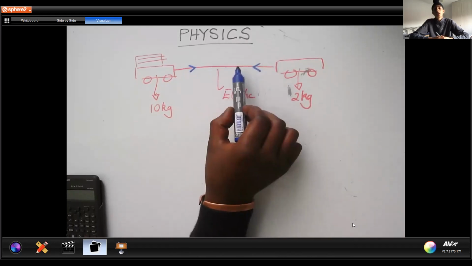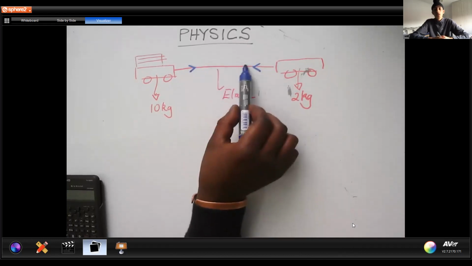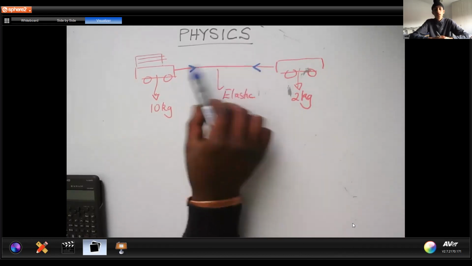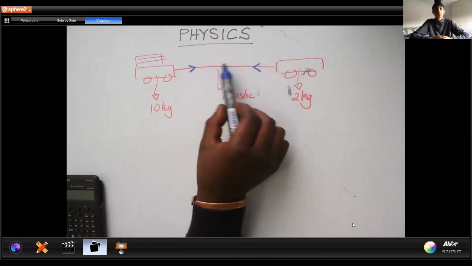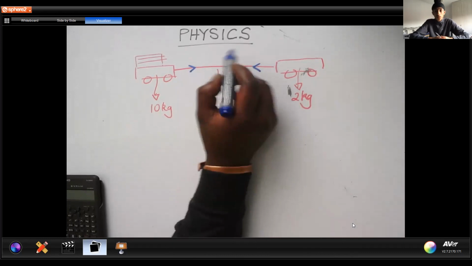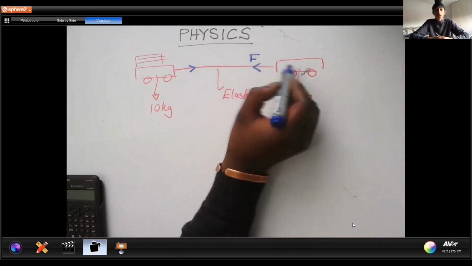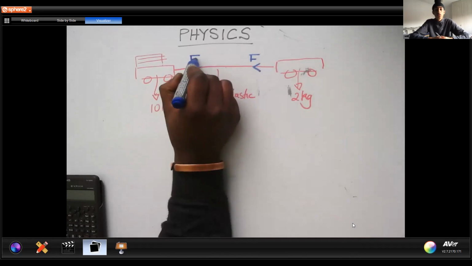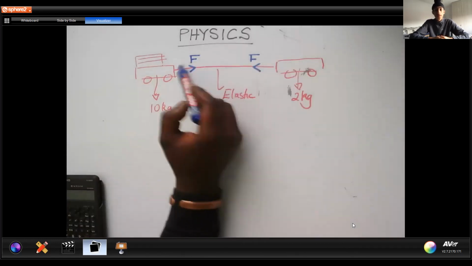Otherwise, if it did have, then there would be a resultant force on the elastic band itself, and then it means that the elastic should be moving in a certain direction. Actually, this is probably not as intuitive, but here the forces are the same. The force that this feels is exactly the same as the force that that feels. Okay, so now we know that the forces are the same.